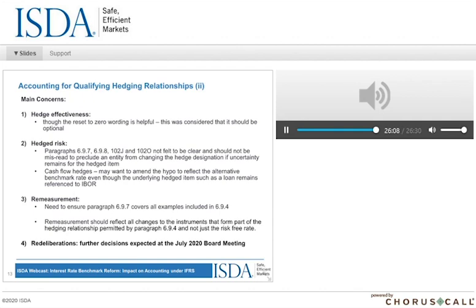The comment letters suggested that the examples in paragraph 6.9.4, covering things like the addition of a fixed spread to a new alternative benchmark rate to compensate for a basis difference between the old IBOR rate and the new rate, should also be included in paragraph 6.9.7. This will ensure that hedge designation amendments are not entirely restricted to updates of the new risk-free rate, and other required changes such as spreads are not considered not permitted.